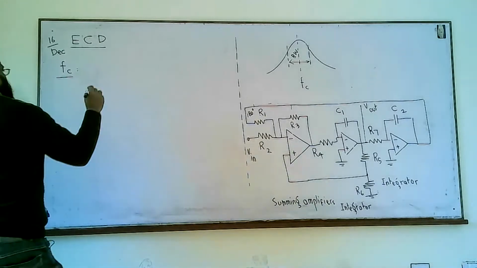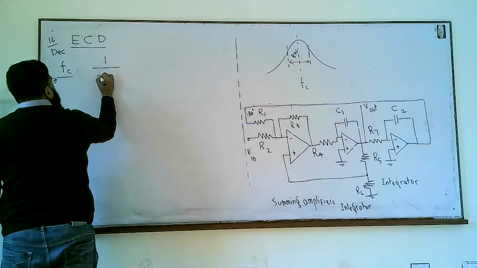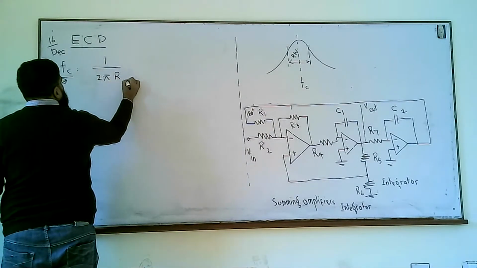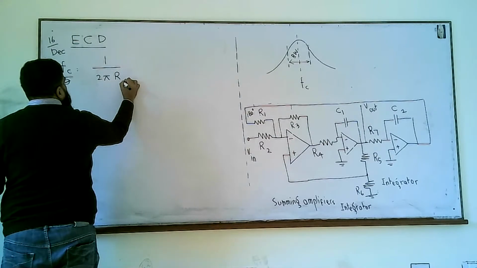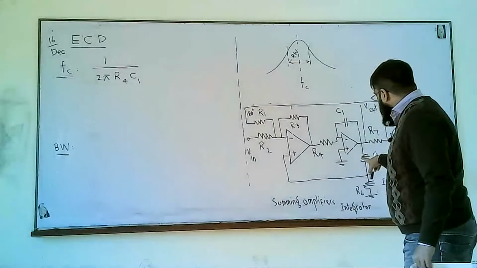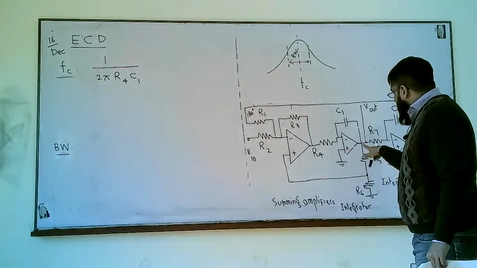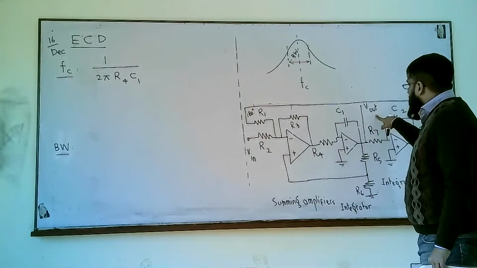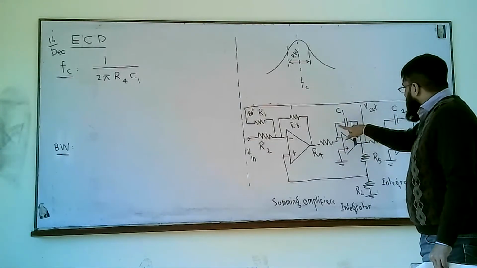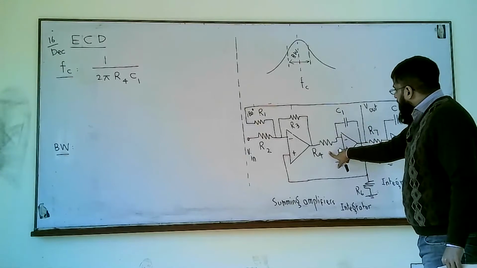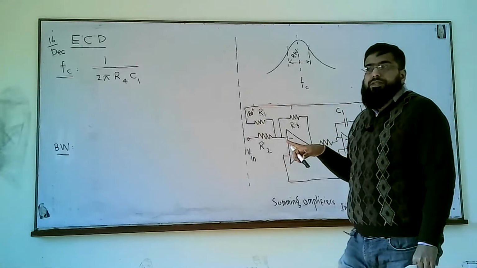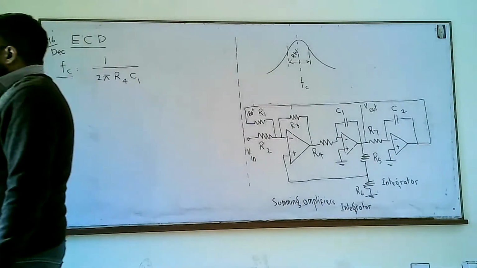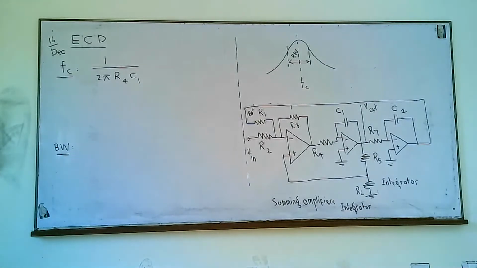Fc is 1 over 2 pi R C1, because this is the op-amp from which we are getting this feedback. So this will select the cutoff frequency. This R4 and this C1 will select the cutoff frequency for this bandpass filter.